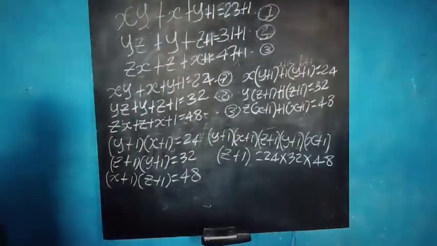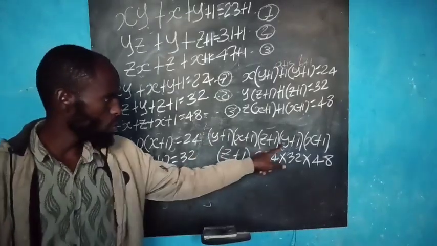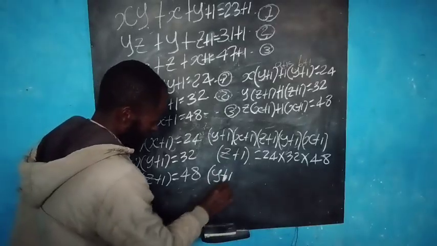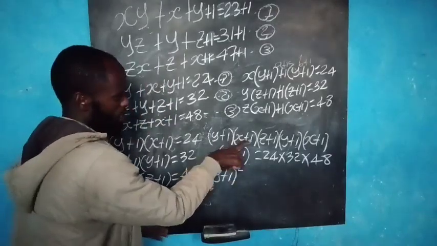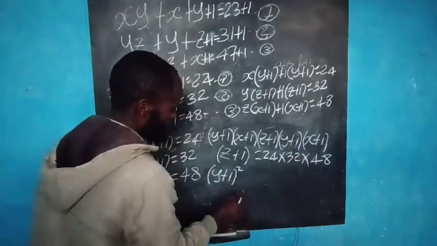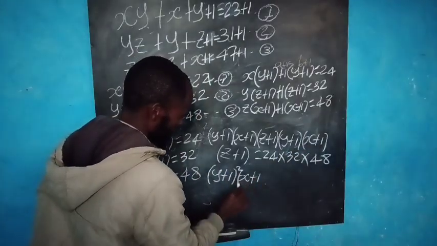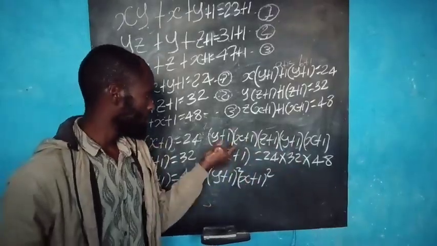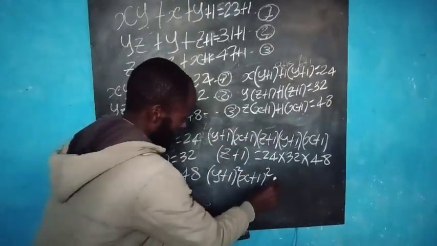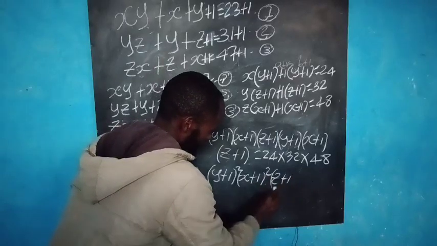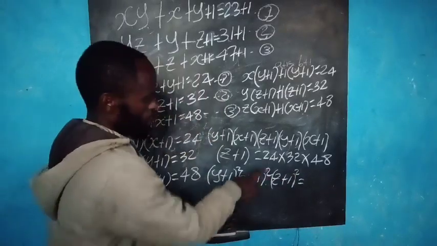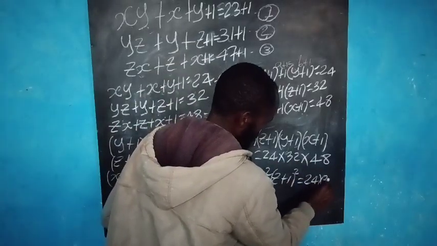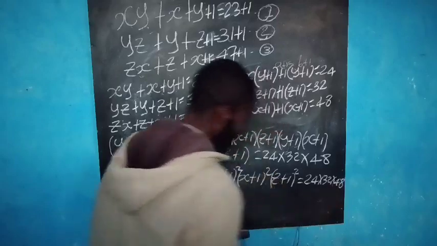Proceed. Here y plus 1 times y plus 1 is y plus 1 squared. Also x plus 1 squared, and z plus 1 squared. It equals 24 times 32 times 48.